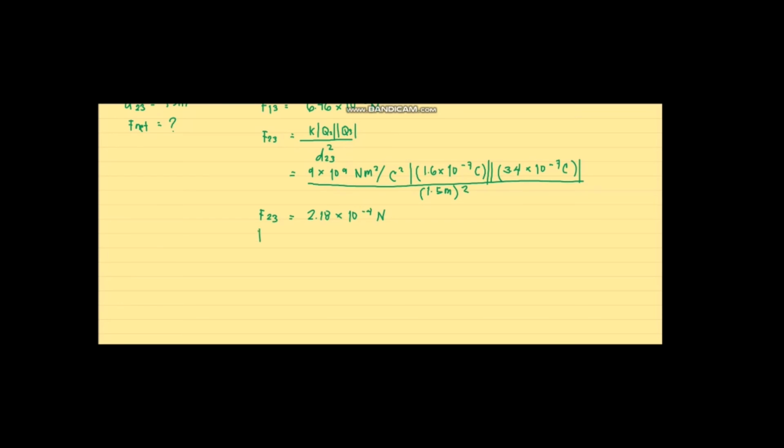Okay, looking at the illustration, you can see that the force exerted by Q1 on Q3 is actually an attractive force. So that is to your left. And then the force exerted by Q2 on Q3 is a repulsive force. So that is towards right. So we will assign the force exerted by Q1 as negative, and then the force exerted by Q2 as positive.